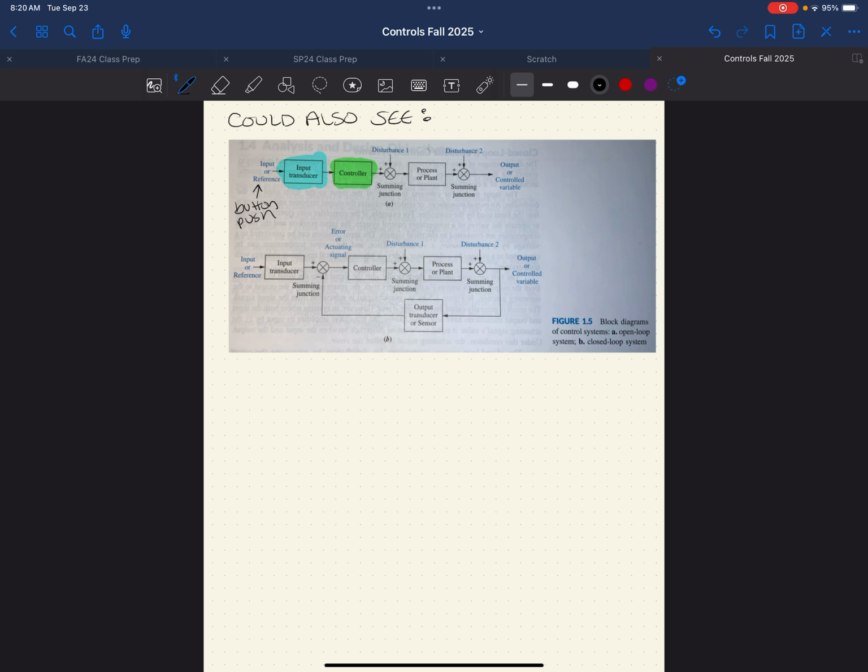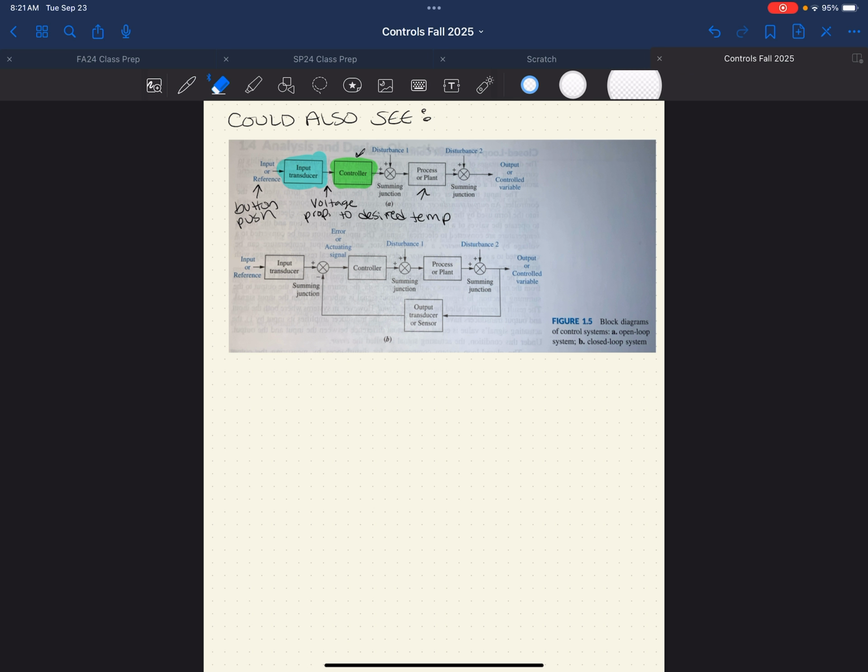The input transducer is what translates that physical button push into a control signal. So this might be a voltage proportional to maybe desired temp. Your controller is what takes that desired temp and translates it into some action on the plant. The plant, remember, is your representation of the physics of the system.